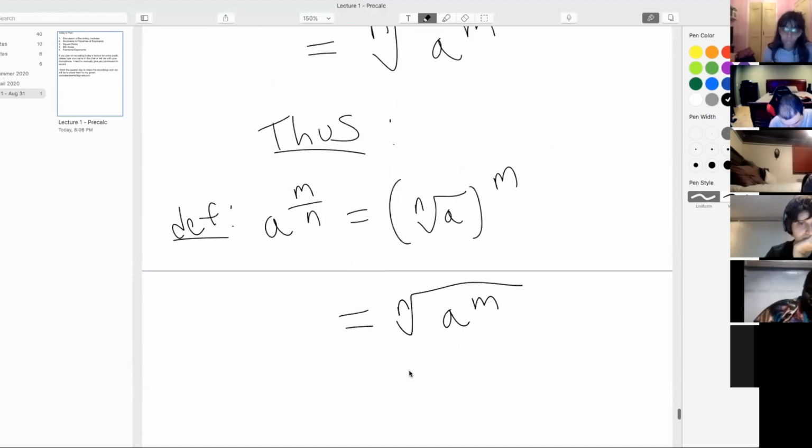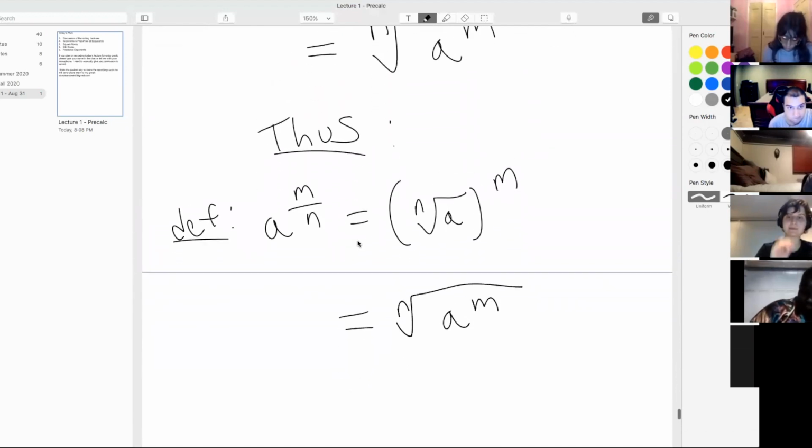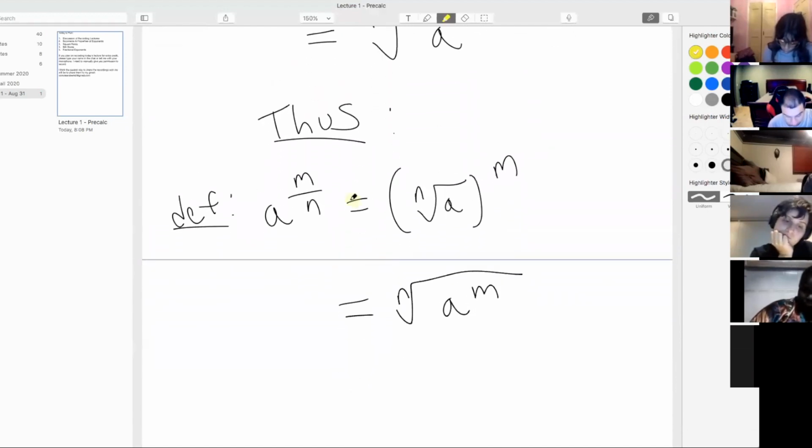We have two expressions for this, and they're both the same. So let's use this definition to simplify some stuff, and then we will call it a night.